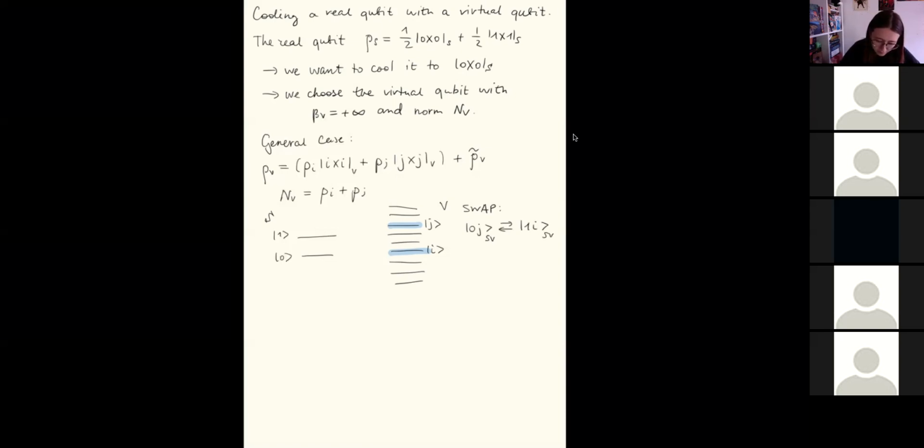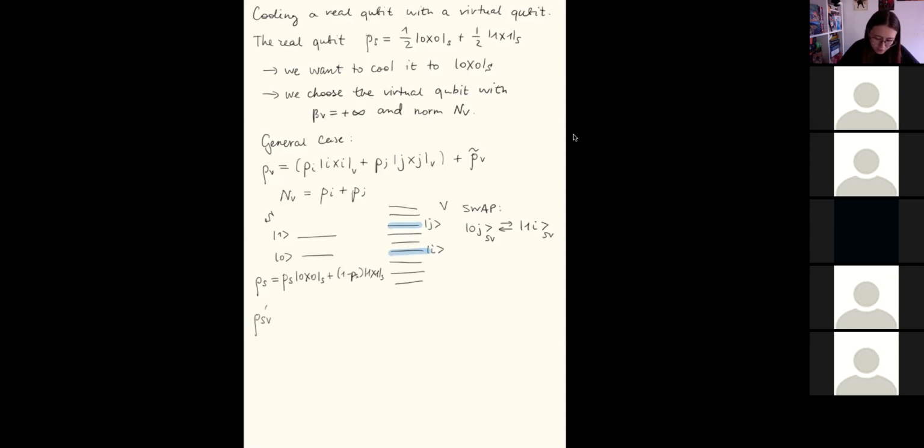Then in a general case, the initial state of the system S is just p_S |0><0| plus (1 minus p_S) |1><1|.